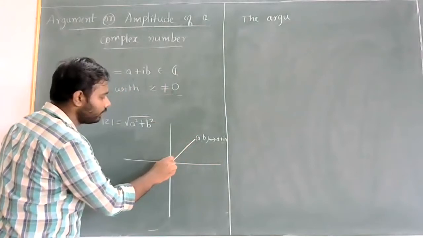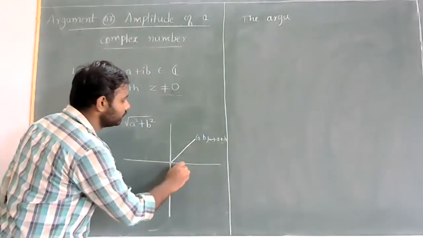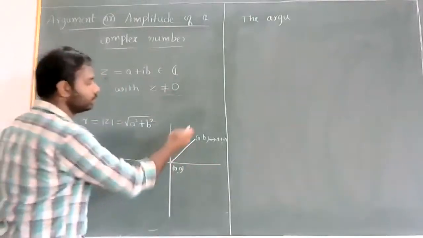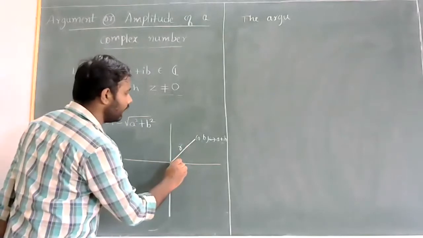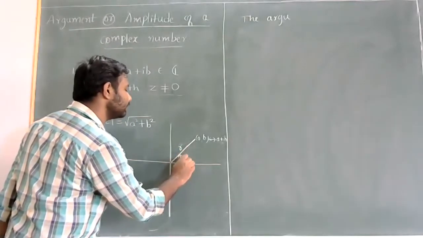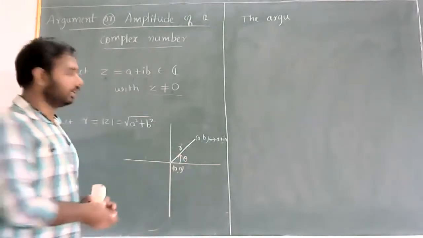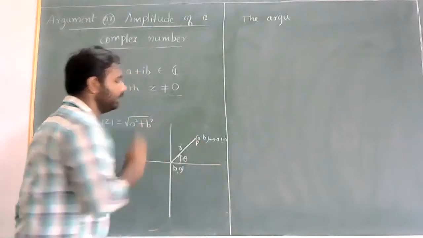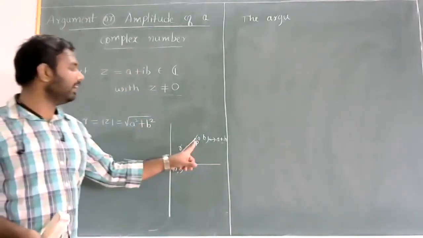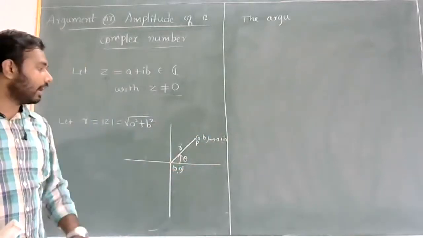If I join the point a comma b and the origin 0 comma 0, the length of this line is r, right? And this line subtends an angle, say theta. Mark this point as P. That point P is nothing but the complex number a plus ib.